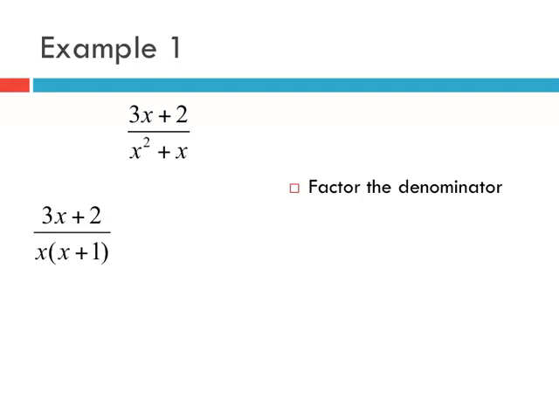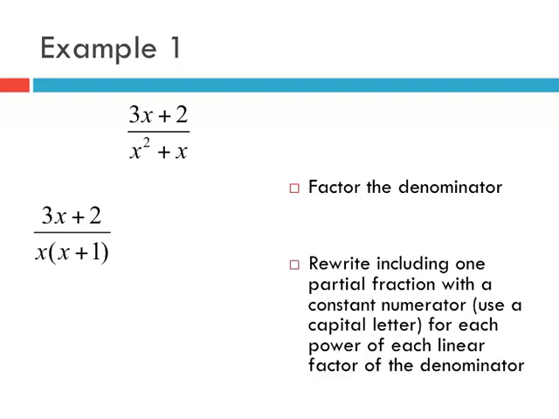x only shows up once as a factor, x plus 1 also only shows up once as a factor. So we know when we are going to decompose it, we are going to have two fractions, one with a denominator of x and one with a denominator of x plus 1. And then for the numerator, you're going to use a constant, and we need to solve for what that constant is.